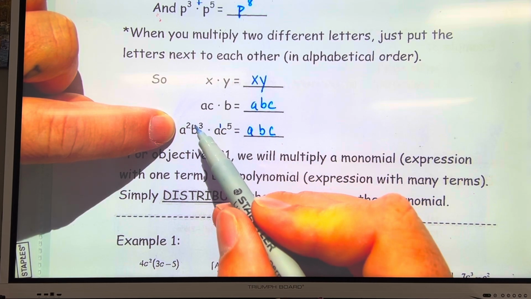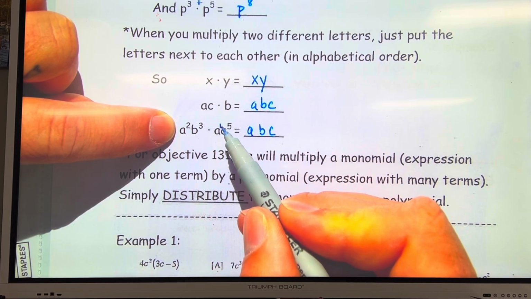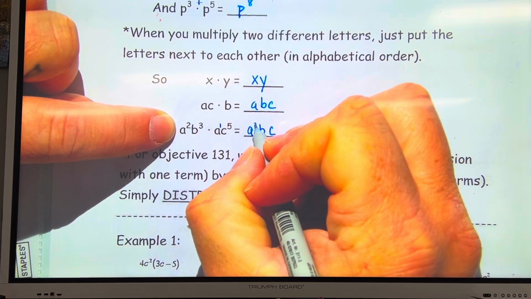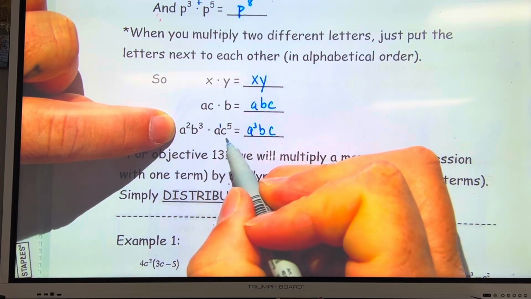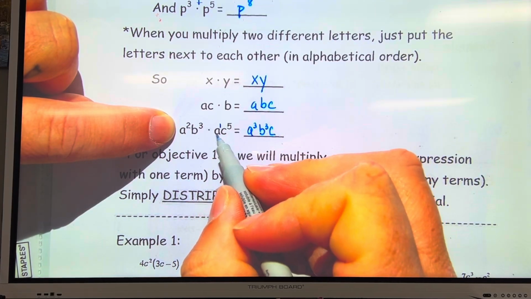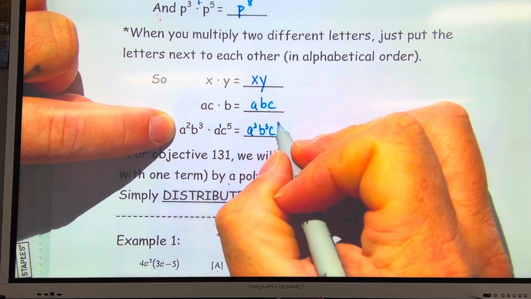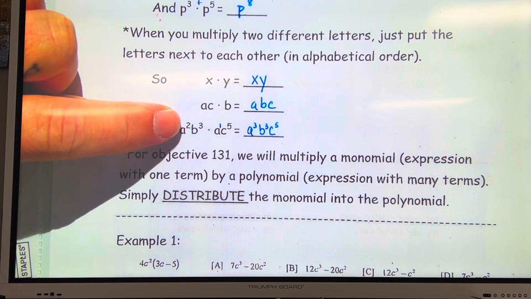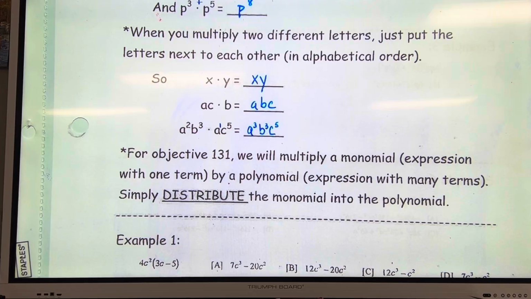So I'm going to add my 2 and my 1 together, and so that's going to be A cubed. And then B, there's no B piece over here, so it's going to be B cubed as well. And then there's no C piece over here, so it's going to be C to the 5th power. It's the same concept, A, B, C.